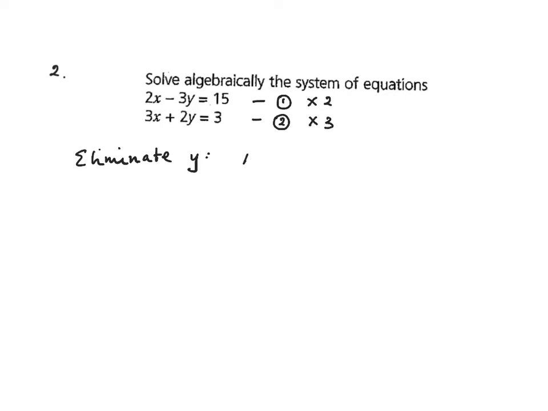So that gives me 4x minus 6y equals 30. And 3 times 3x, that's 9x plus 6y equals 9. You'll notice that the signs here are different, so I'm going to add both equations.